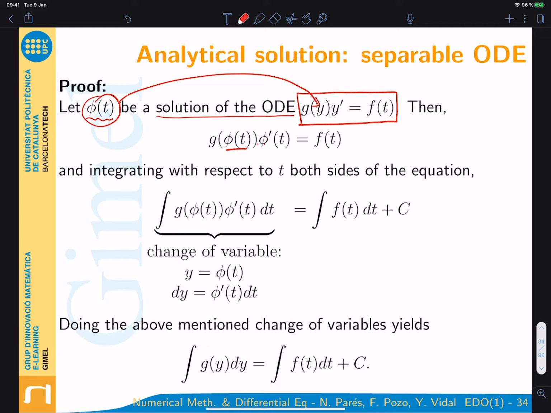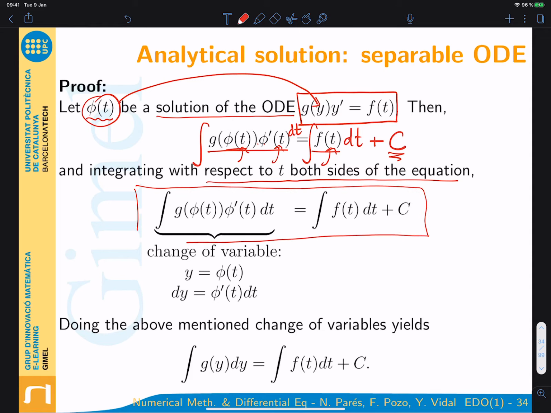Now I will integrate here with respect to t both sides of the equation, because the left side and the right side, all of them depend on the independent variable t. So what I'm doing is just integrating with respect to time both sides, plus, remember, the integration constant. So this leads us to this equation here. Now the final step is to do a change of variables.